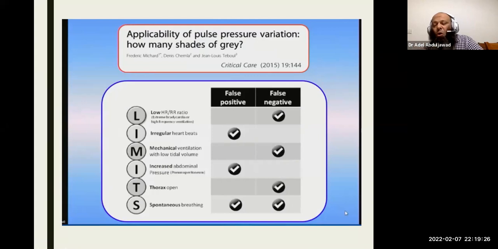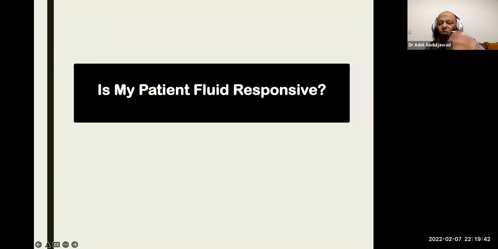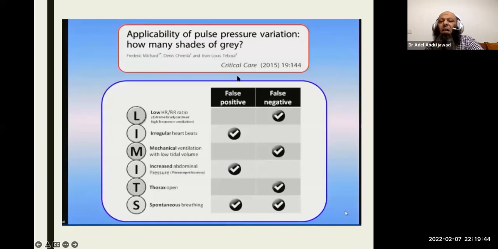none of these dynamic parameters is free of limitations. Each one has its own advantages and its own limitations. For example, if you look at pulse pressure variation, the patient should be in sinus rhythm and should be ventilated with low tidal volume.